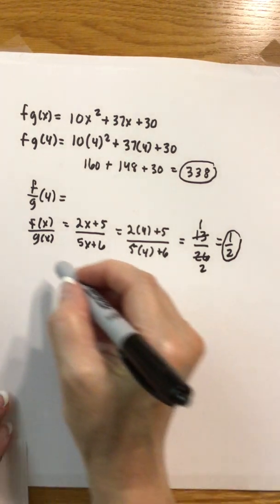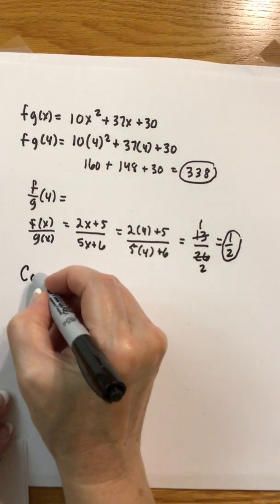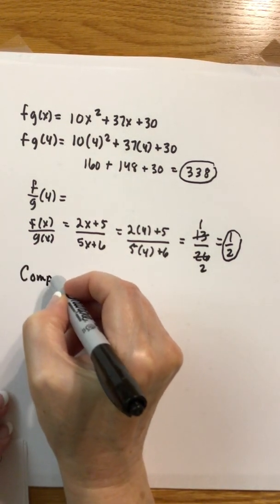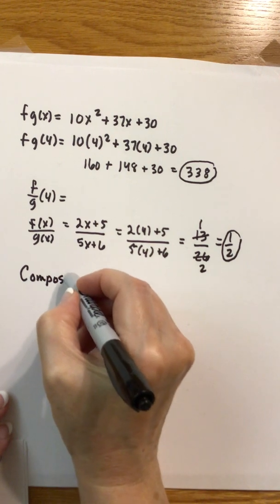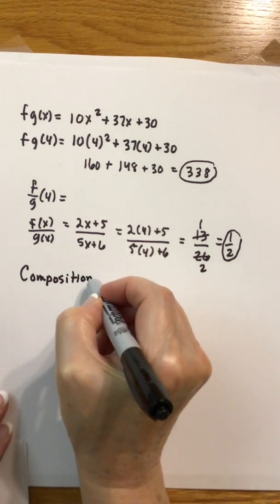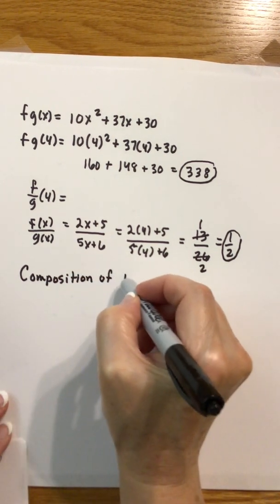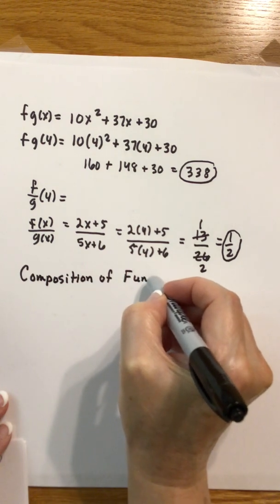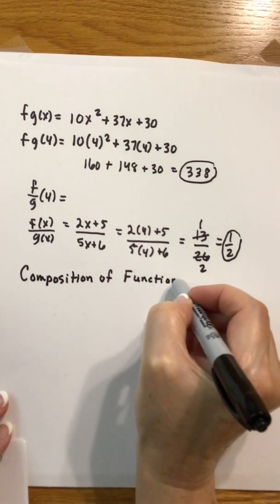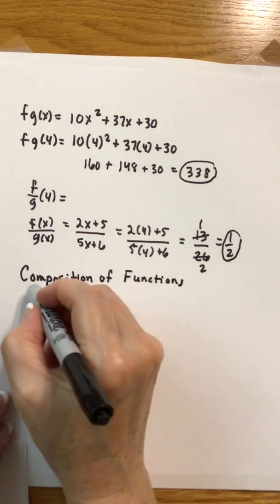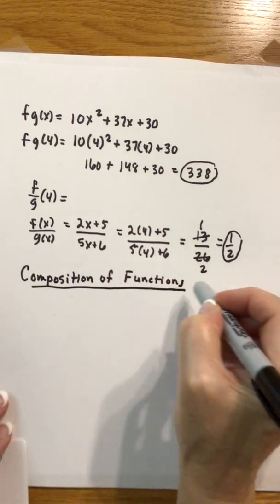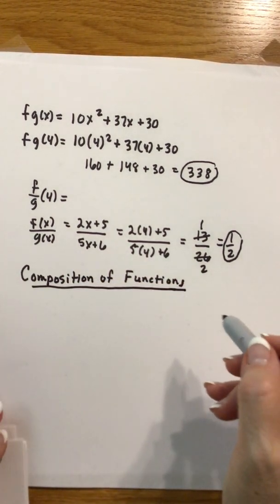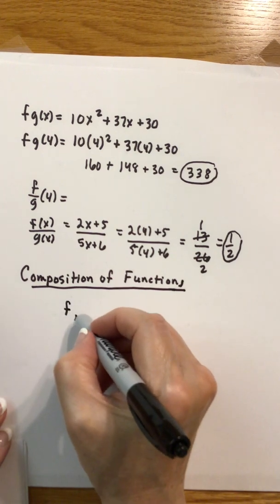Okay, the second part we're going to look at is what we call a composition function. So we're given two functions, f and g.